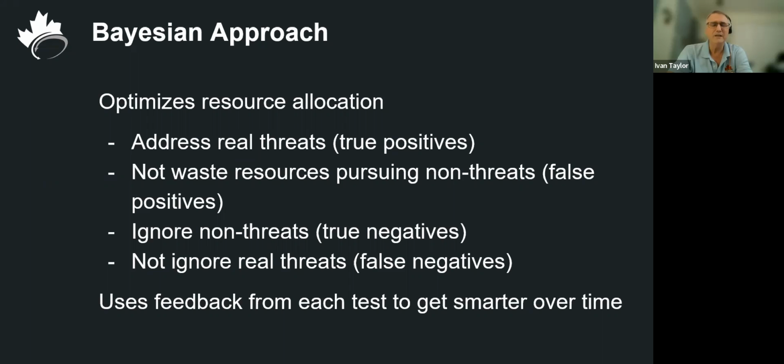And one of the great things about the Bayesian approach is that there's a feedback element where with every test you get smarter. And so we think this is a really important feature of this approach.